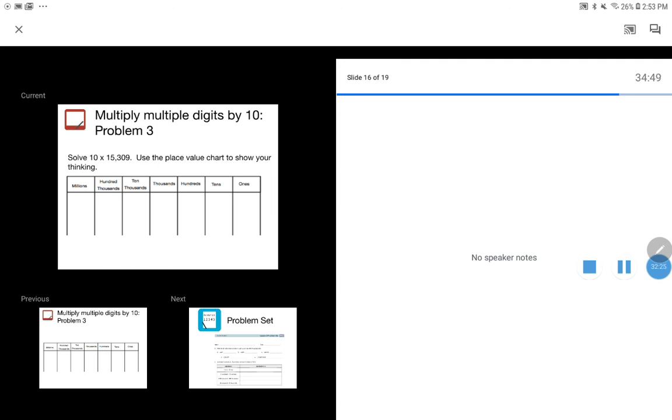Write the numbers. It'll be a lot easier than drawing place values. Write the number 15,309.